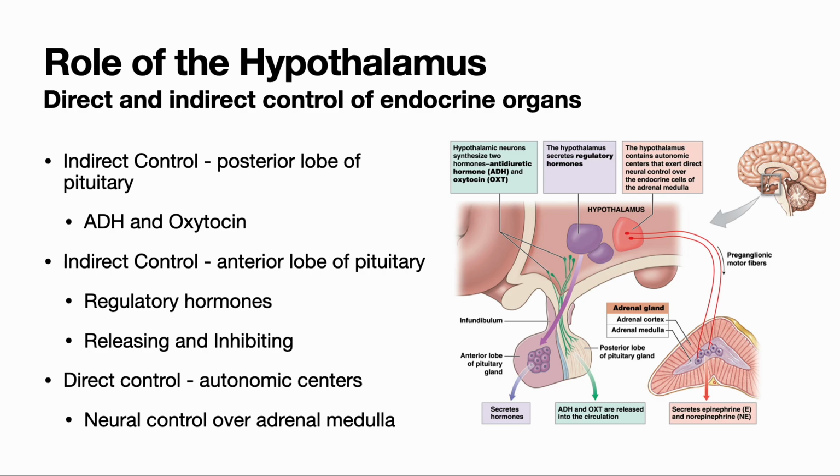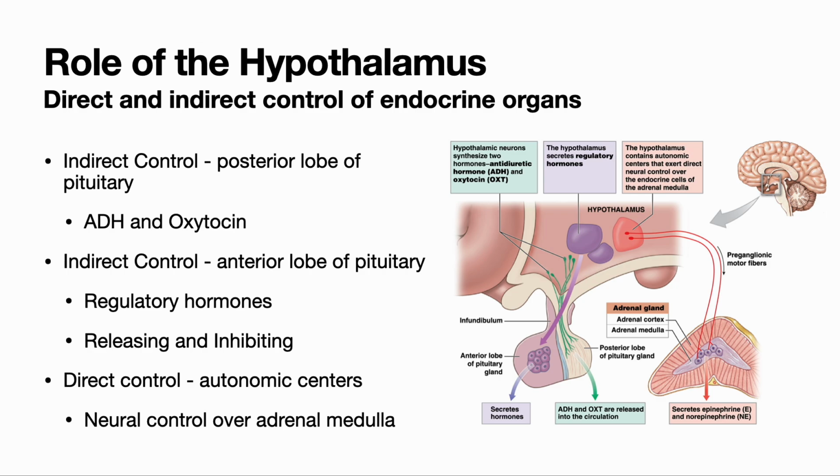So first, let's think about the posterior lobe of the pituitary gland. Don't mix up hypothalamus and pituitary gland. The hypothalamus is going to control the pituitary gland, and the pituitary gland is the structure where we're going to see the secretion of hormones out into the bloodstream based on the directions of the hypothalamus.